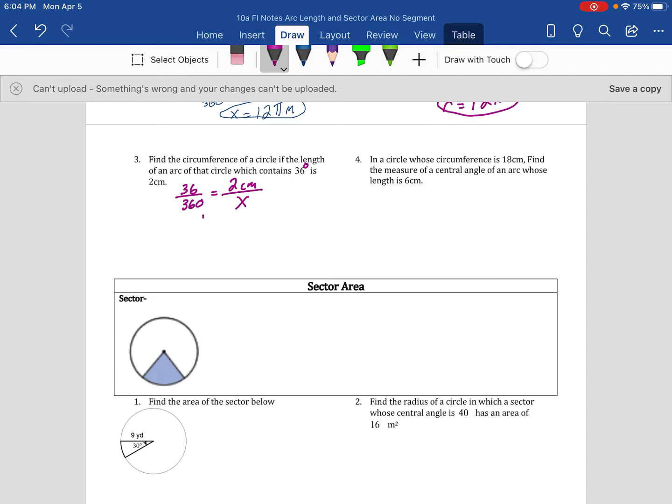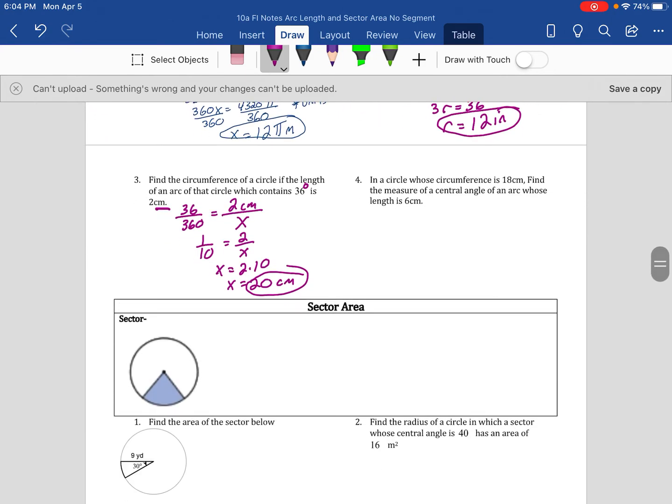I don't write the formula, I just write that. Now 36 over 360 is actually 1 over 10 equals 2 over x. X is equal to 2 times 10. X is equal to 20. If you look at our units, 20 centimeters. And that makes sense because it's 1/10 of the circle. 36 over 360 is 1/10 of the circle.